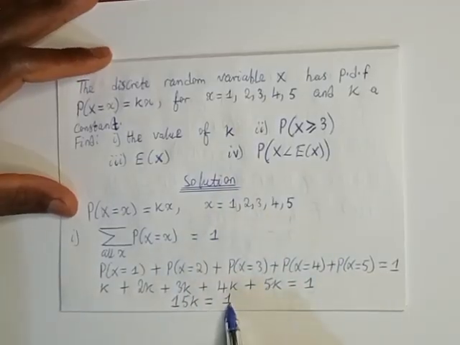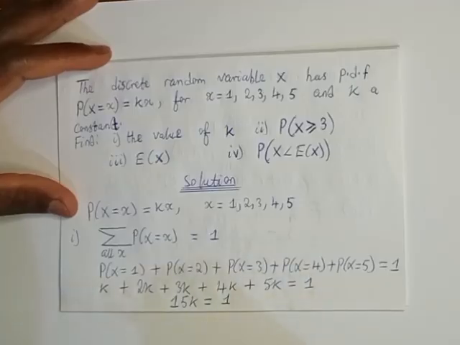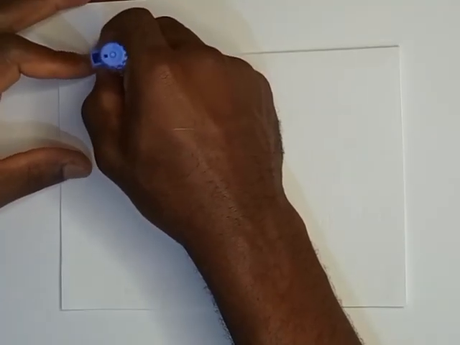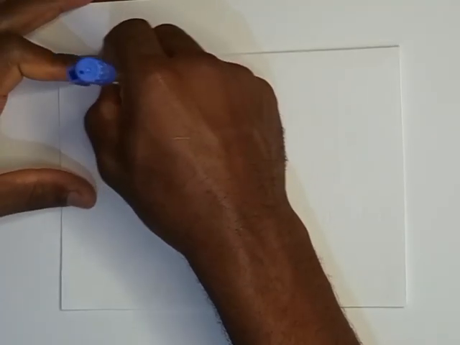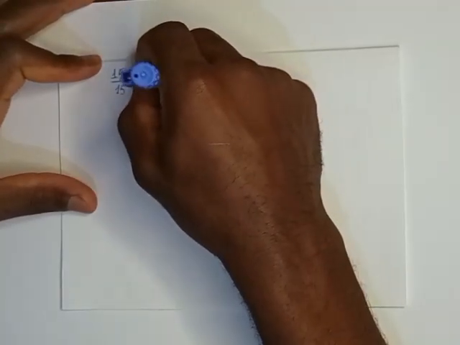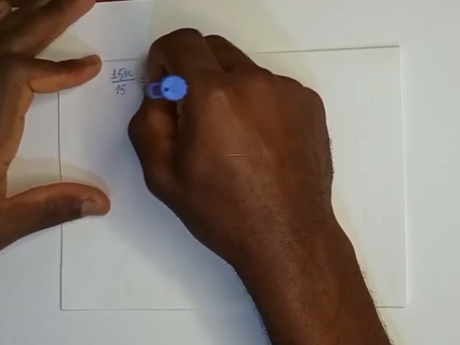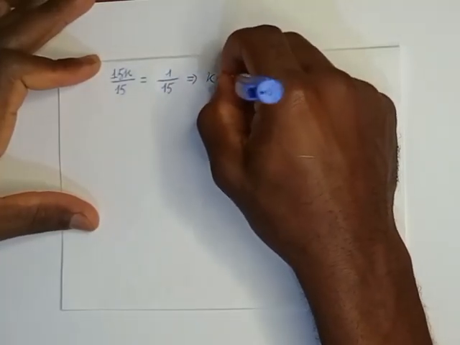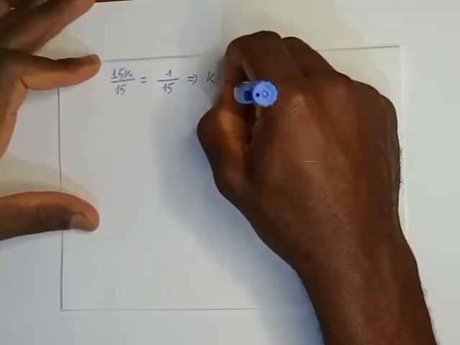We are looking for K, so we divide both sides by 15. Then K is simply 1 on 15.